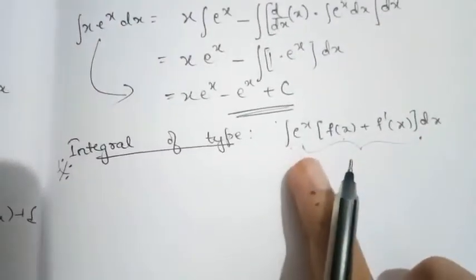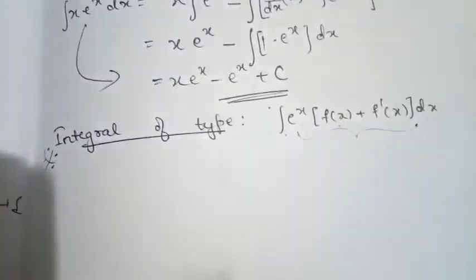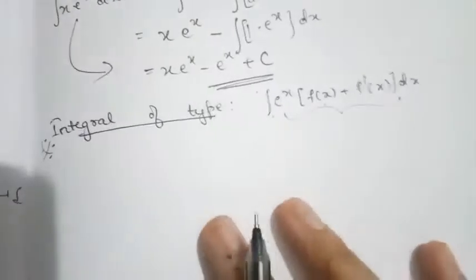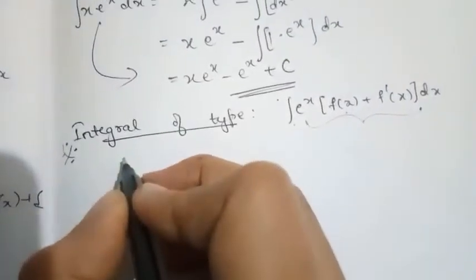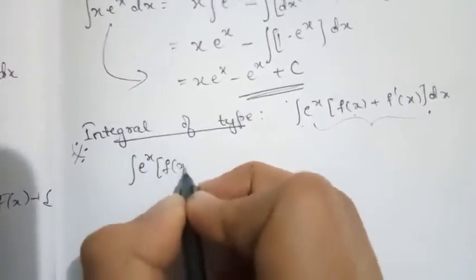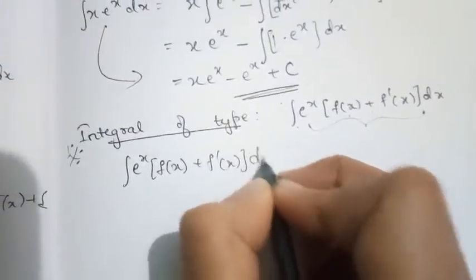Suppose there is an integral of this form, e power x into f of x plus f dash of x. What integral value are we going to get? We can derive it. Integration of e power x into f of x plus f dash of x dx.